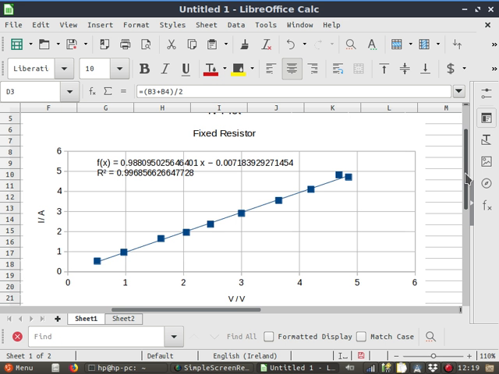If r squared is 1, it means all these points are perfectly on the line. If r squared is 0, it means the points are everywhere, and the line just goes through them. If this is nearly 1, it means you've got a very good fit between the line and the points.